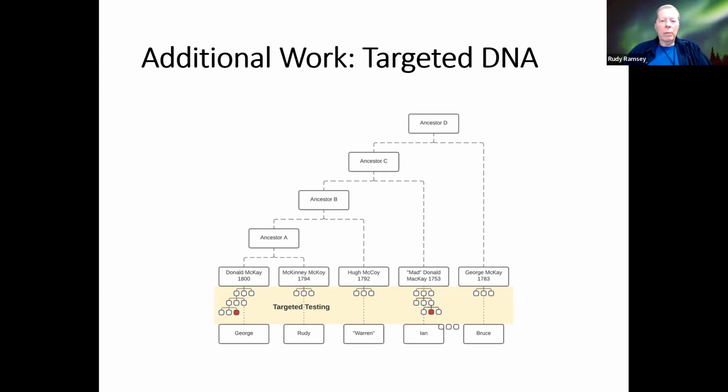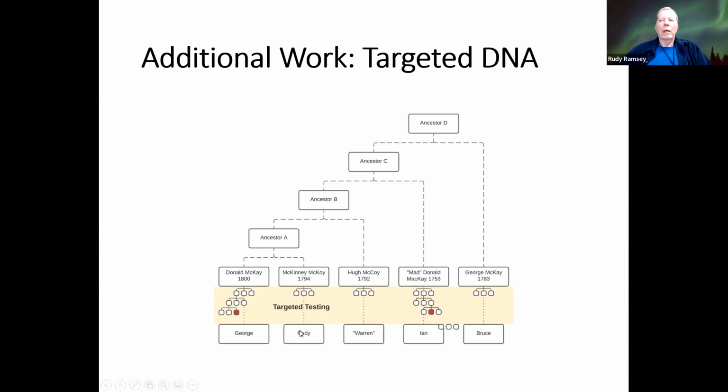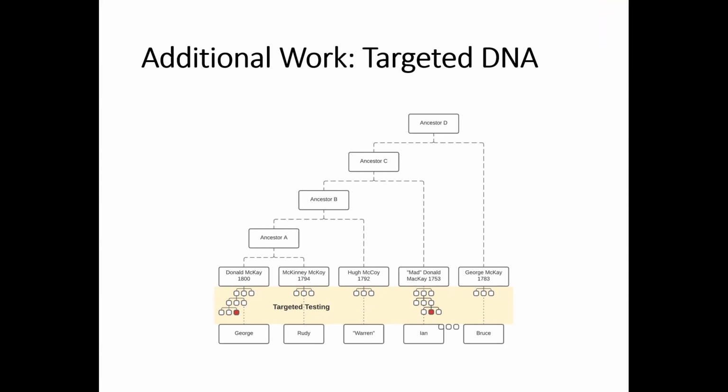It's a case study of the Parker family that used a lot more testers, more lines, a lot of targeted Y-DNA and targeted autosomal DNA to discover their ancestral trees with a lot of accuracy, and being able to point to Larry Parker here, who obviously is the one who had the mutation in this SNP in many parts of the tree. So it can be done. I don't think we're either planning to spend the 30 years or I don't think we're that ambitious, but targeted testing may still be useful to us. We'll see.